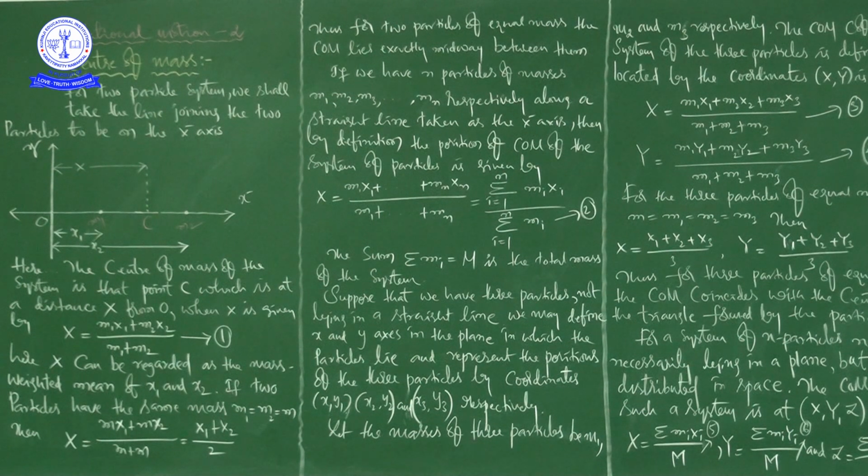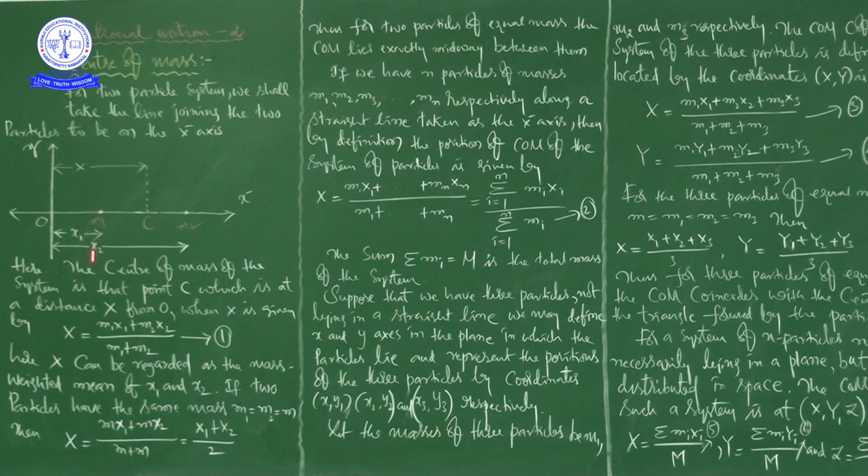Okay, right. See here, for a two particle system, there are only two particles. Just imagine one is M1 and another one is M2. When there is M1 and M2, it has its own center, that will be different. But we are going to calculate the position of center of mass of these two particles.